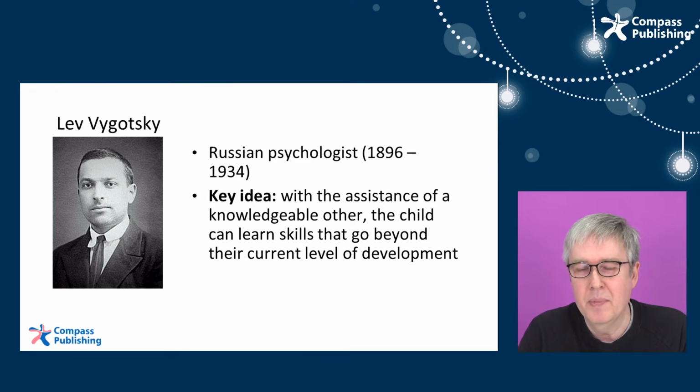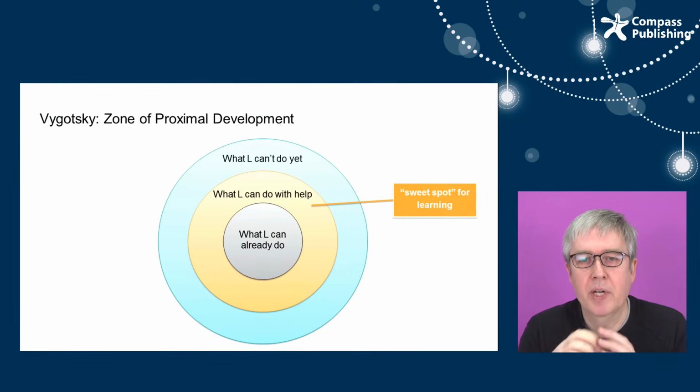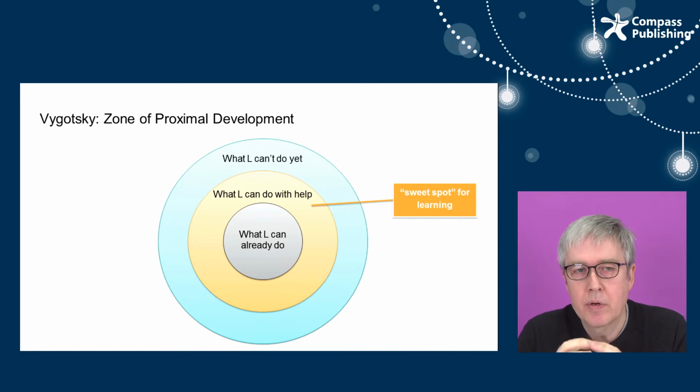So what does that mean? If we draw a kind of diagram, this will be very familiar to anybody who's studied education. You can think of it like three concentric circles. In the center circle, we have what learners can already do. Things that they're very comfortable doing, they have no problem, they've already mastered these skills.